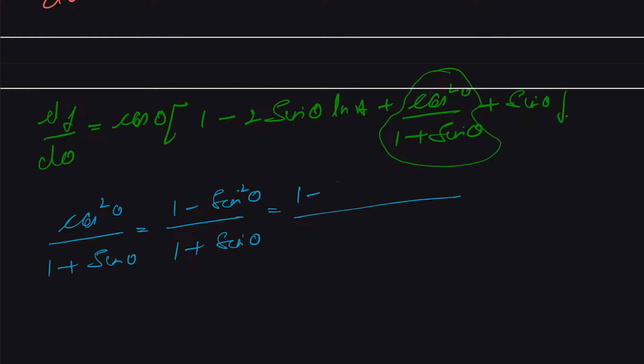Numerator comes as 1 minus sine theta times 1 plus sine theta divided by 1 plus sine theta, this cancels out, so this comes as 1 minus sine of theta.